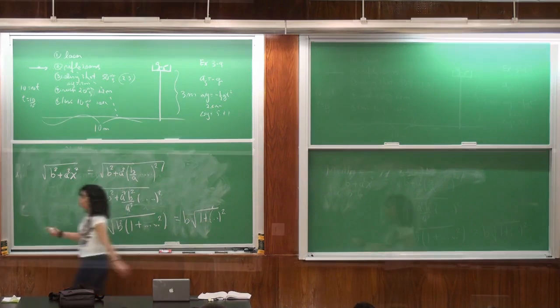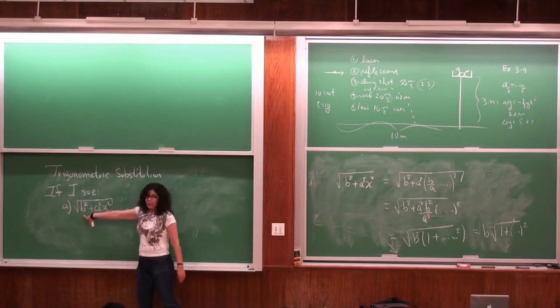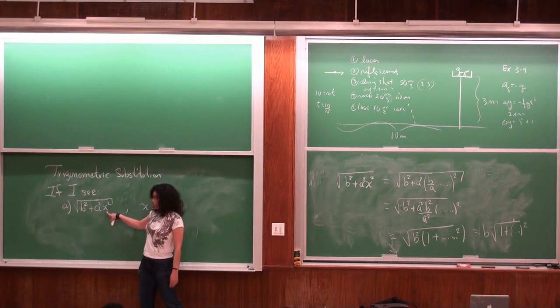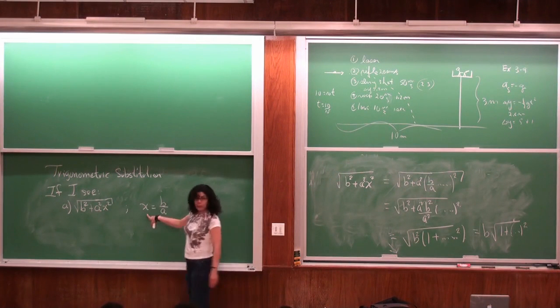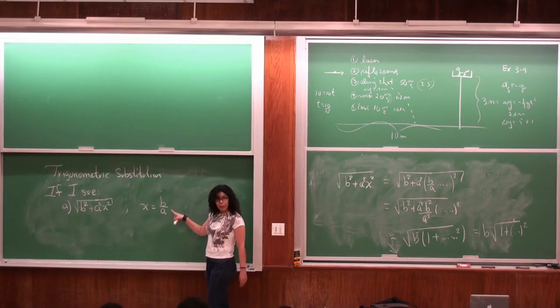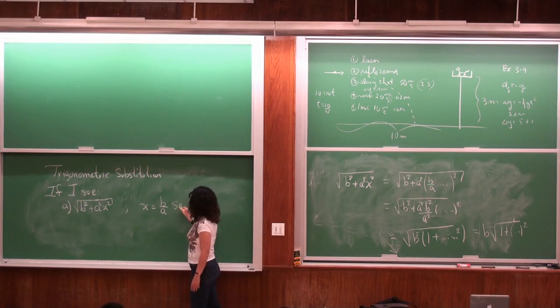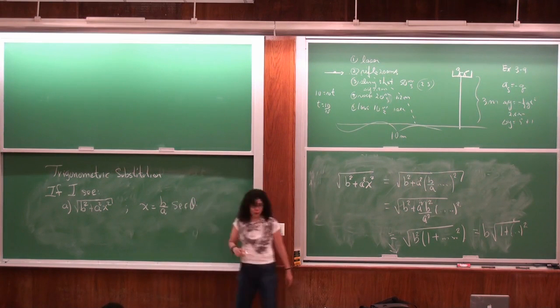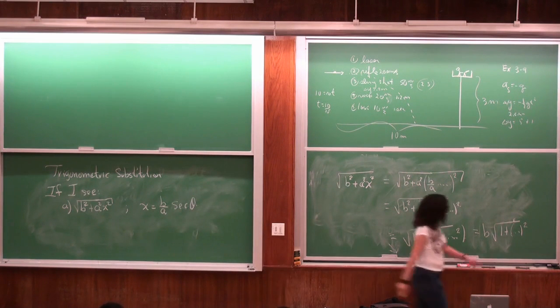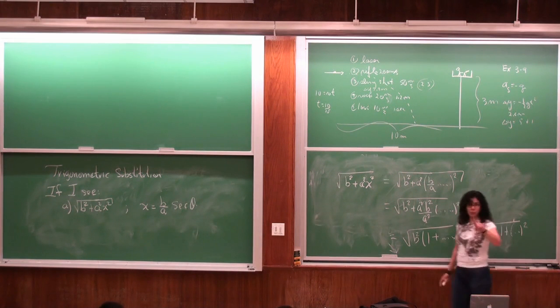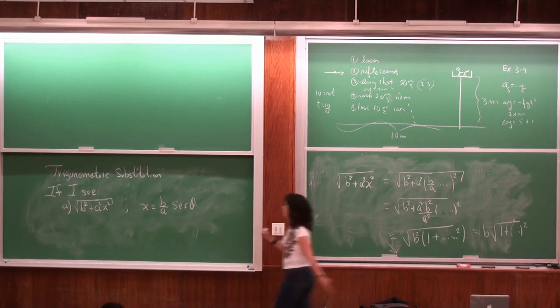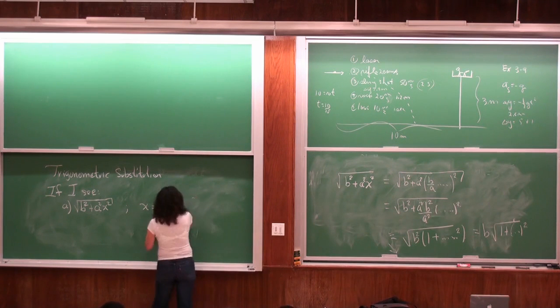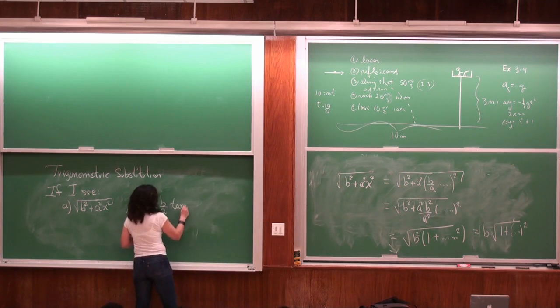So when I see B squared plus A squared times x squared, my change of coordinates should be x equals B over A tangent of theta.